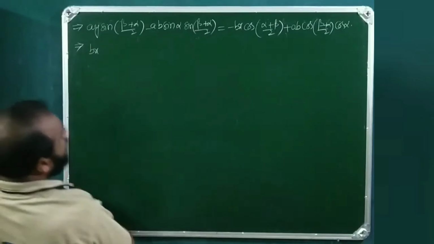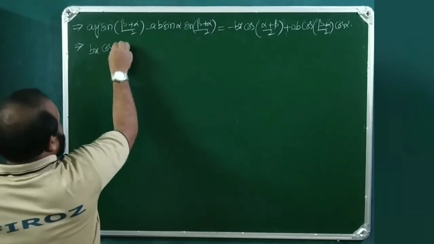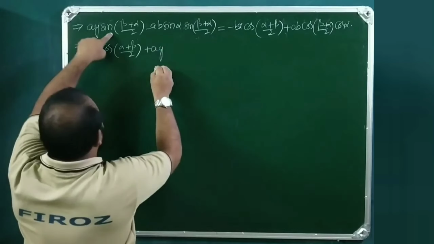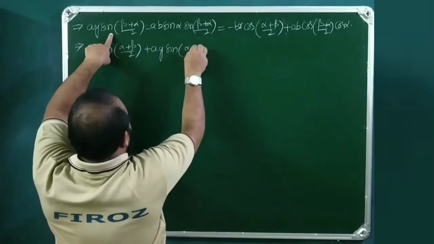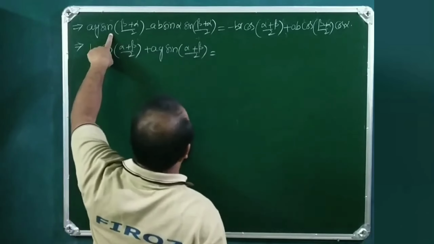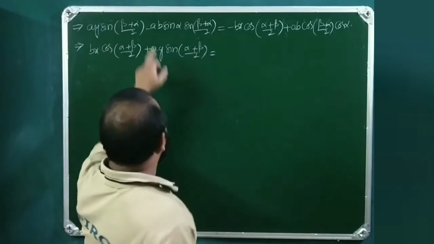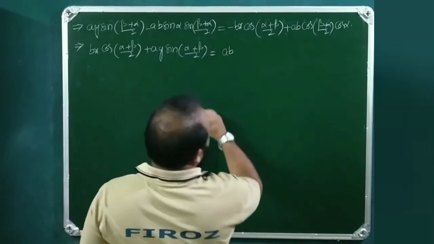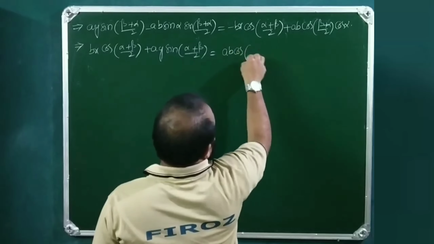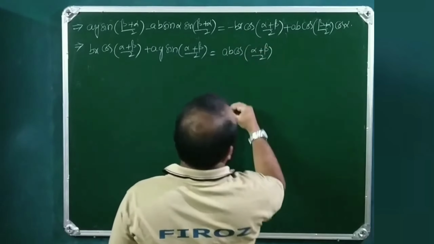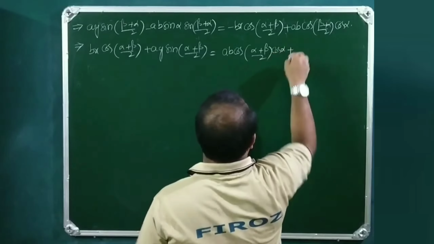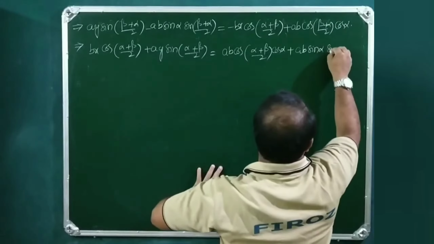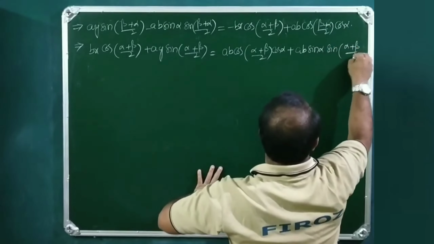So bx cos (alpha plus beta) by 2 plus ay sin (alpha plus beta) by 2 is equal to, so this minus ab, if you transpose onto another side, it is plus ab. So ab cos (alpha plus beta) by 2 into cos alpha plus ab sin alpha into sin (alpha plus beta) by 2.